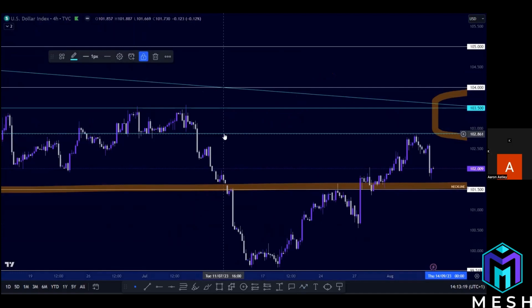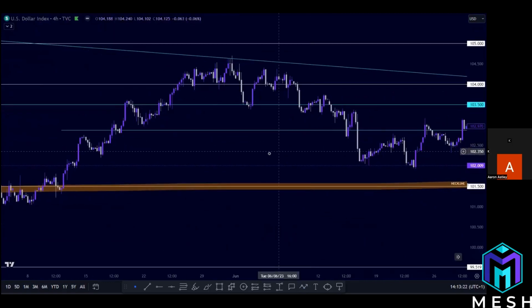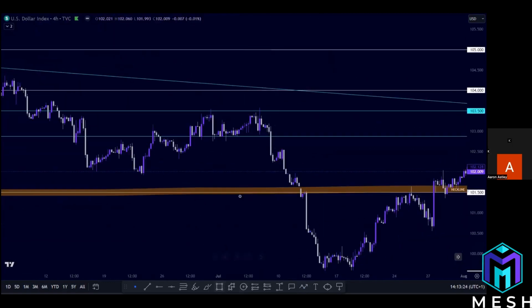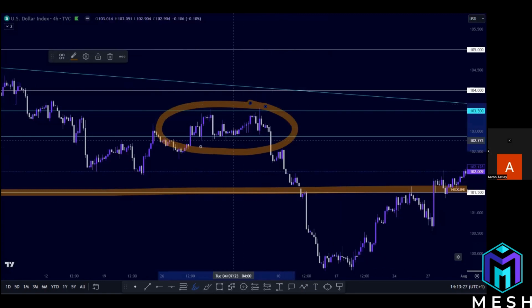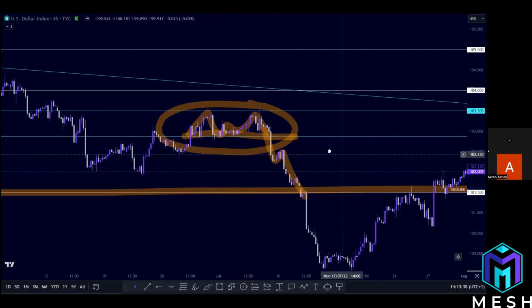102.89, 102.870ish. So we see on the smaller time frames, once we had this area of consolidation, it was trading within that range, and then once these lows and this structure got broken, it's like no confirmation as well.